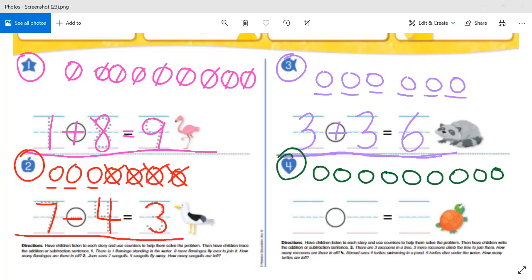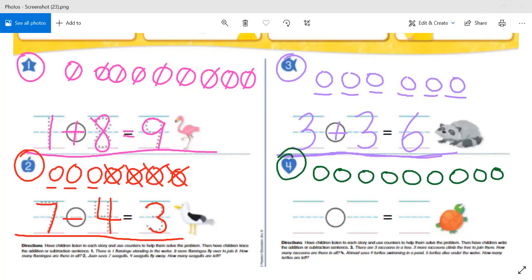How many turtles are left? So what are we going to do here? Are we going to add turtles or subtract turtles? It asks how many are left. So when we say how many are left, that means we're subtracting or taking away.